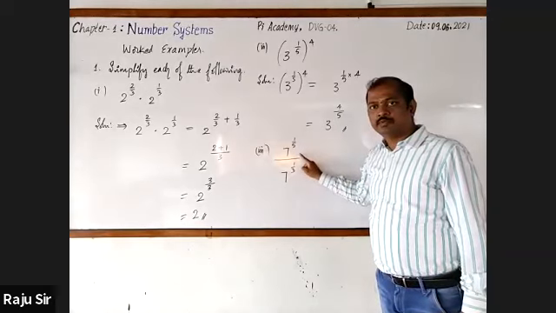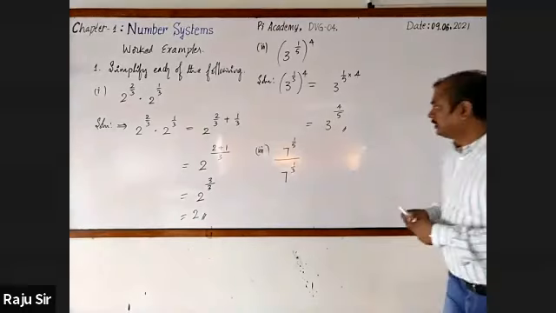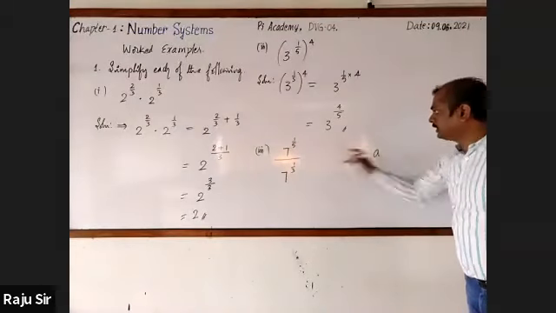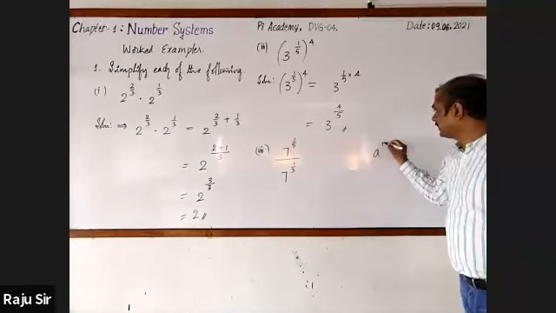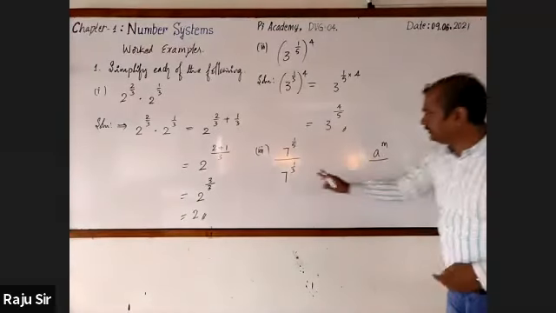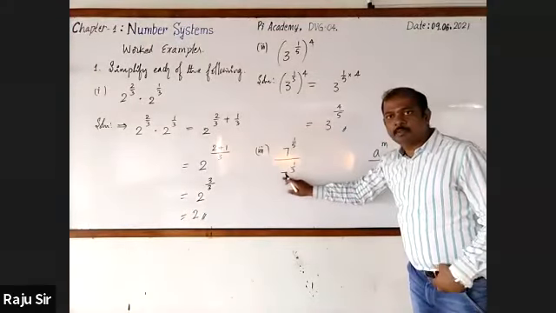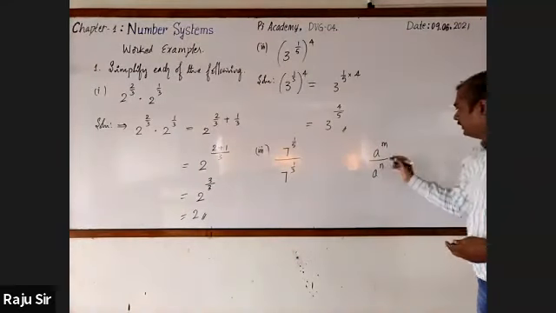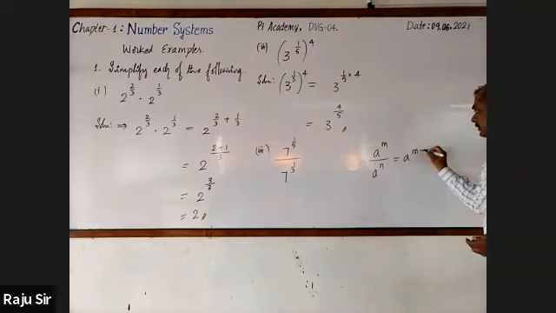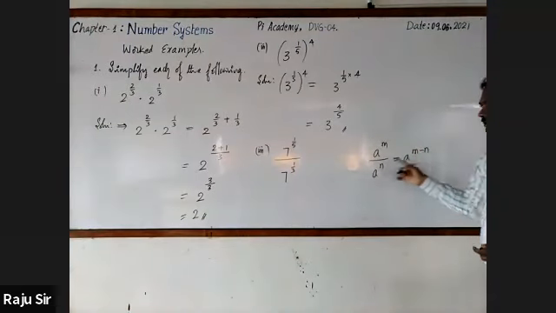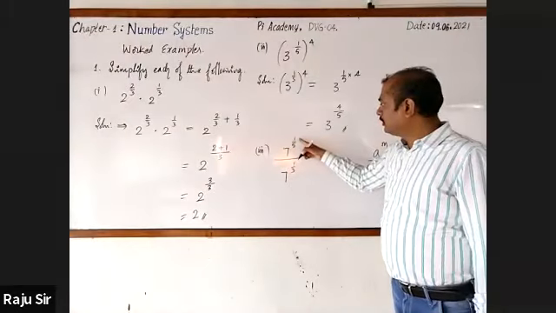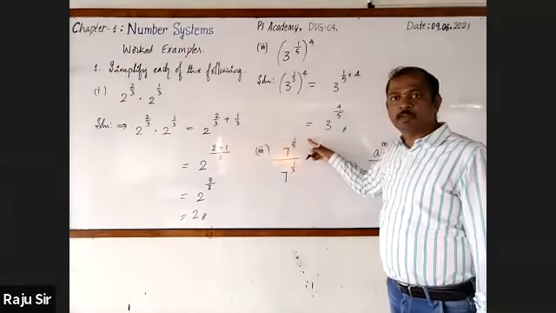On observing these terms, you can come to know that the numerator is of the form a raised to the power m, and in the denominator the base is same, that is a raised to the power n. And this can be written as a raised to the power m minus n.